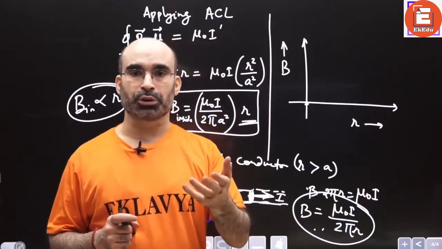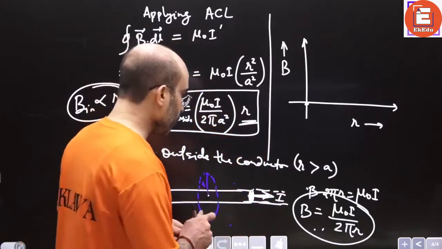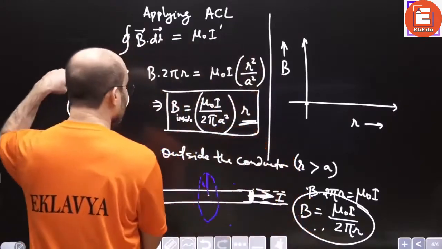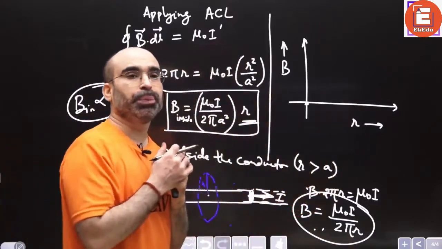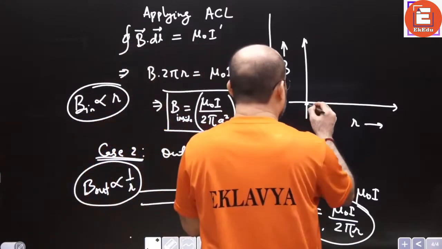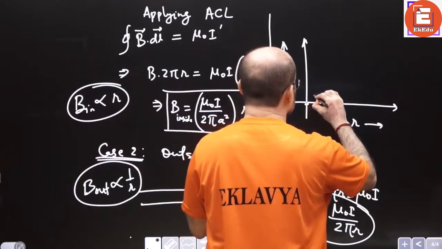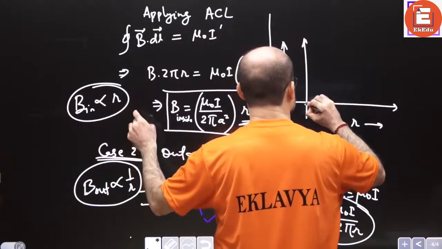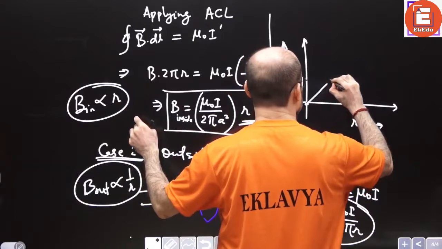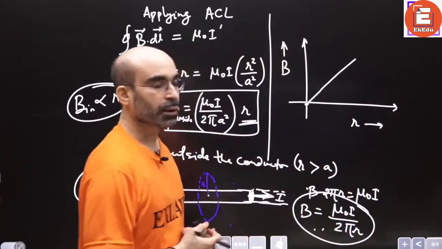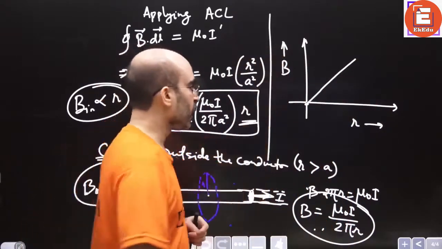I hope you have understood this. Okay. So this we understood. Now how the graph will be plotted, just have a look. From the center, if you move towards the surface, it is directly proportional. Right? It is increasing.